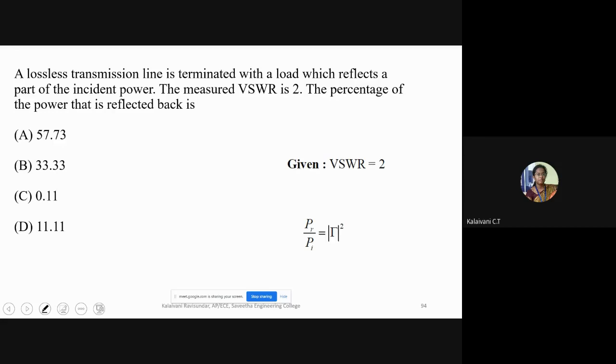By knowing this equation, we can get the answer. We have to find the modulus of the reflection coefficient. Since VSWR is given, we can find it, and then apply it in this formula to get the answer.